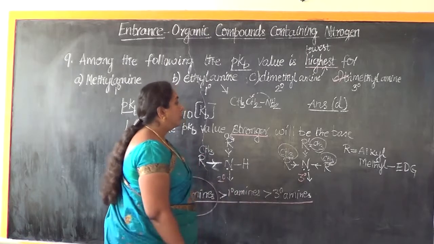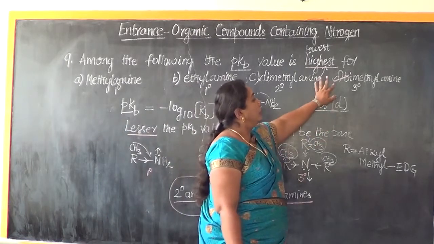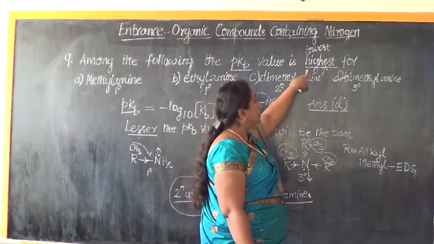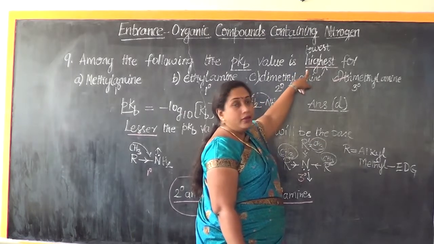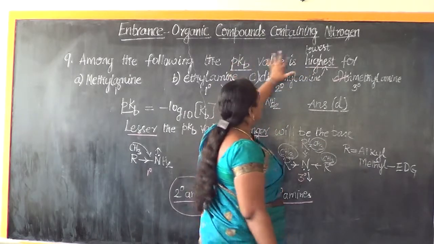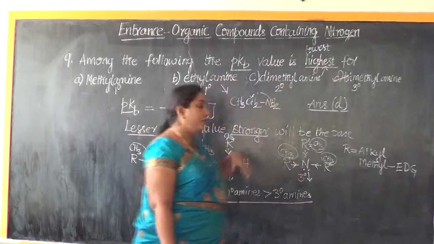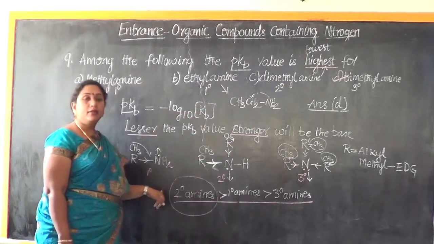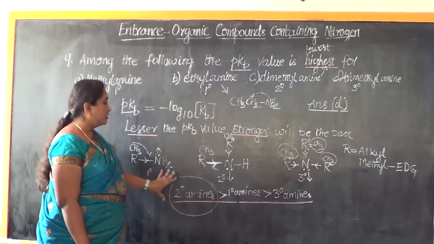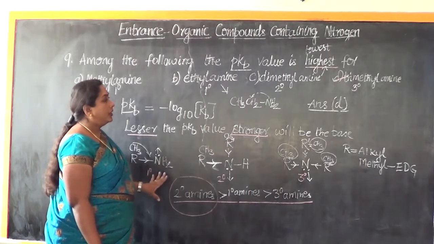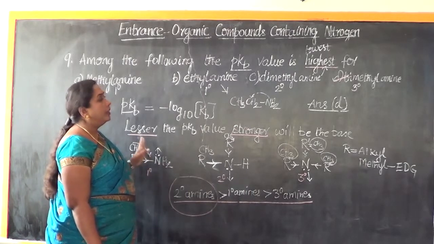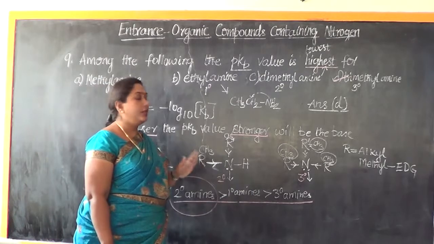So the correct option for this question would be trimethylamine, because the question asks for the highest pKb value. Had they asked for the lowest pKb value, then definitely we should have taken secondary amines, because they are on priority in the list between primary, secondary and tertiary amines.